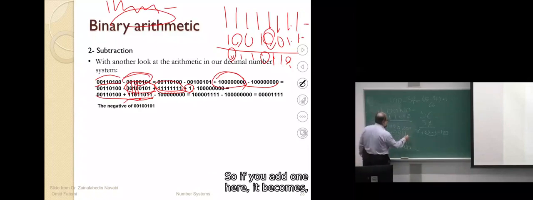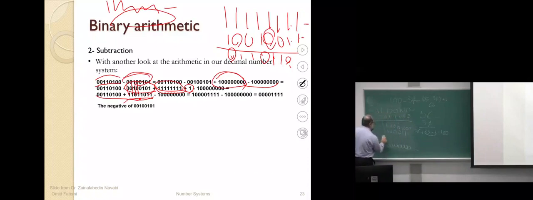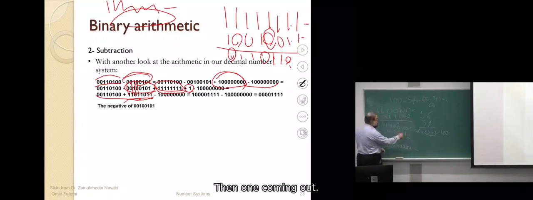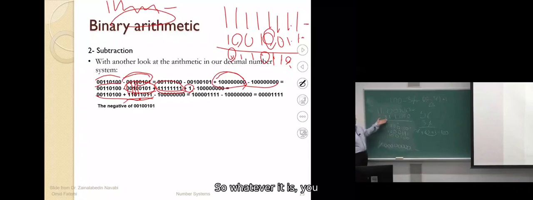If you add 1 here, it becomes 0, then 1 coming out. 1 plus 1 is 0, 1 plus 1 is 0, 1 plus 0 is 1, 0 is 0, 0, 1, 1. It becomes this. So this is the 2's complement of this. So whatever it is, you complement it and then add 1 to that. Okay? And I told you how it came about, from where it comes.